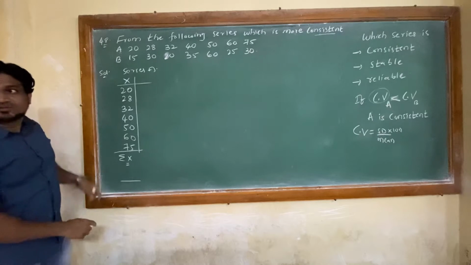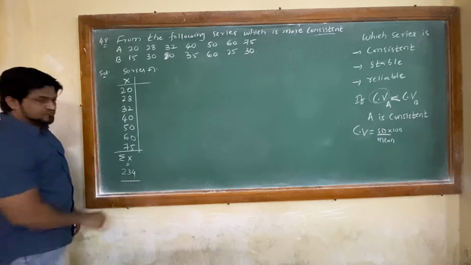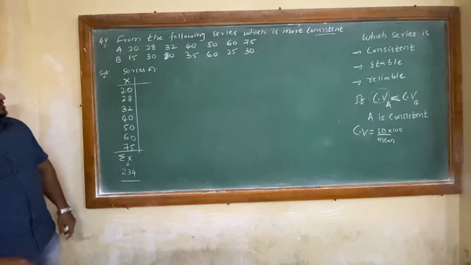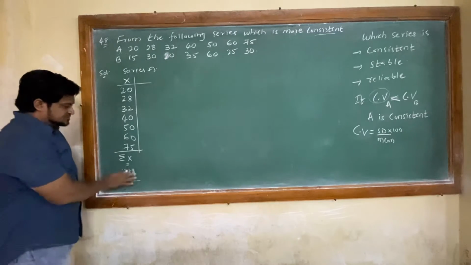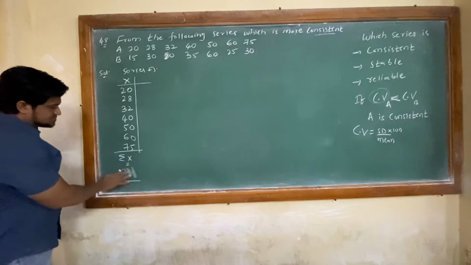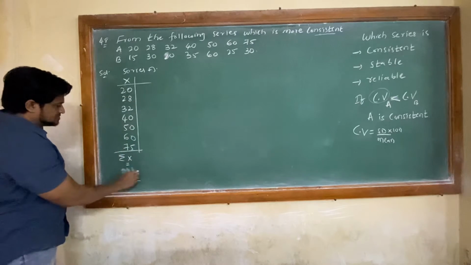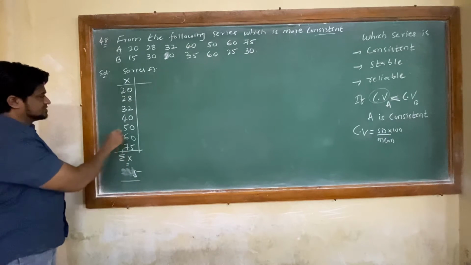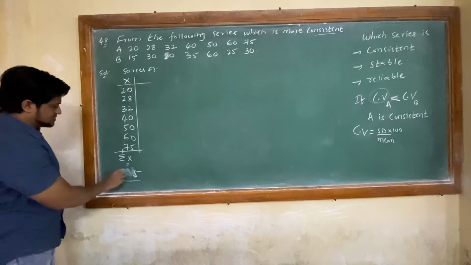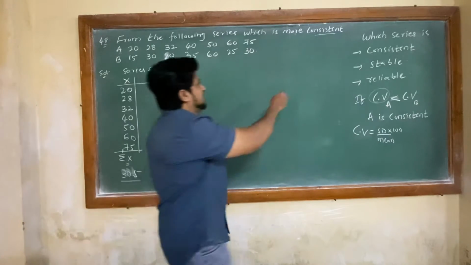How much? 234? Wrong. How much? 305. After summation x, you should find mean.